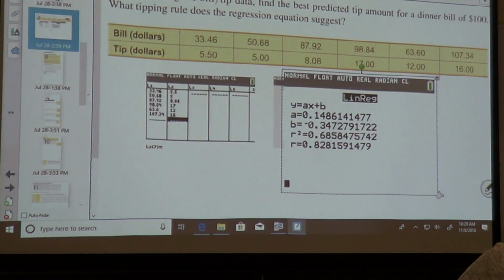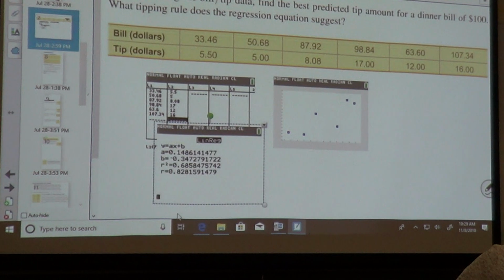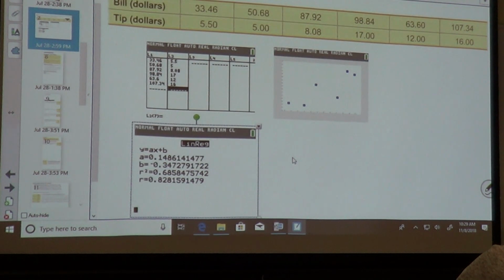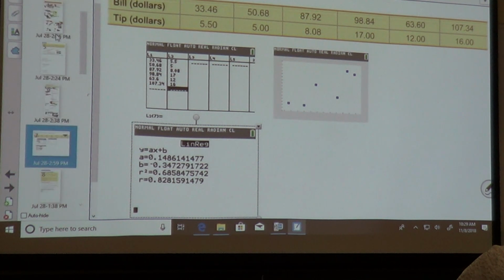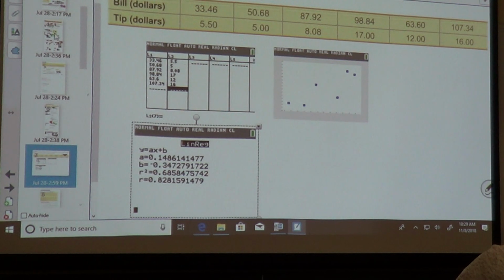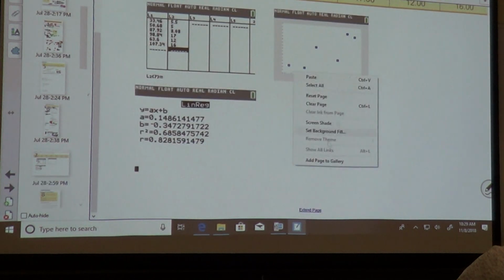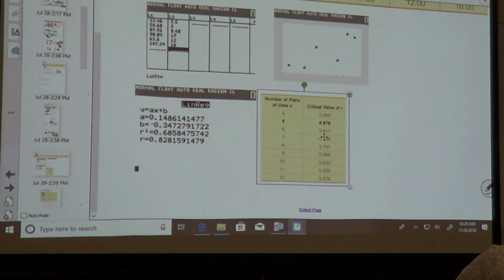Now, what we didn't do for the last problem, which we need to do, is we need to say, is this a good linear relationship? So we need to look at this little table right here. Copy, and I'll do it on this one, and then I'll go back and do it on the other one. For some reason, I didn't have that.